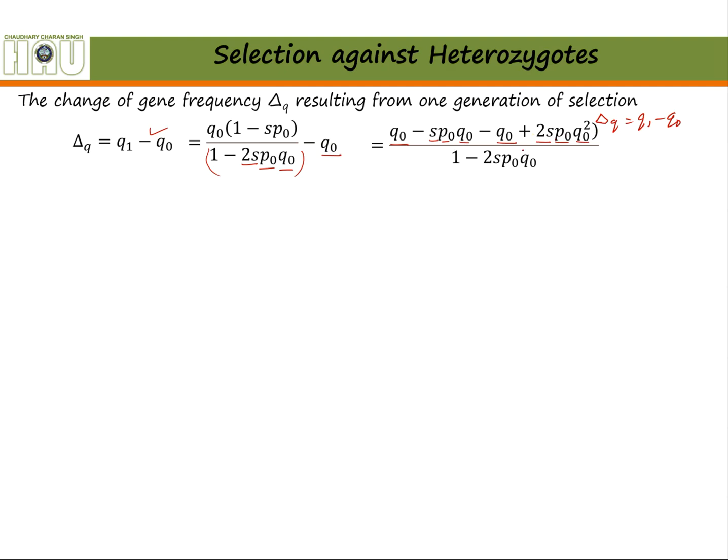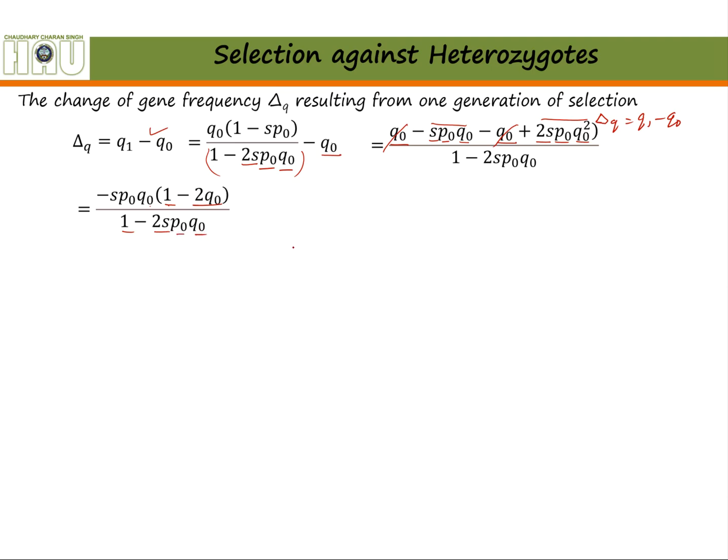So you will get this. Now this Q0 can be cancelled with this Q0, and we are left with minus S P0Q0 if I take common from this term and this term. So minus S P0Q0 I have taken out. So it becomes 1 minus twice Q0 divided by 1 minus 2S P0Q0.